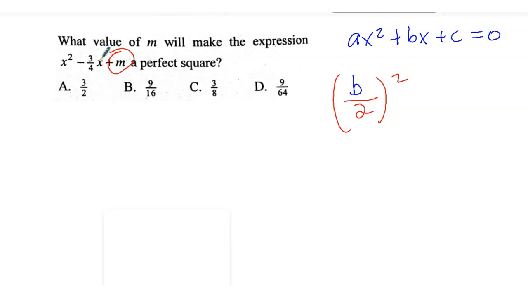So we will take our b. Our b is this negative 3 on 4. So negative 3 on 4, we will divide it by 2 again. Every number is over 1. So here we have a fraction divided by a whole number, which we write as divided by 1 over, so that you can get an idea.